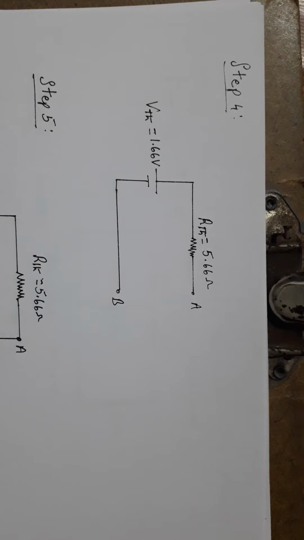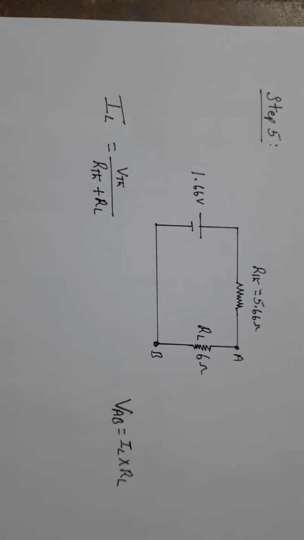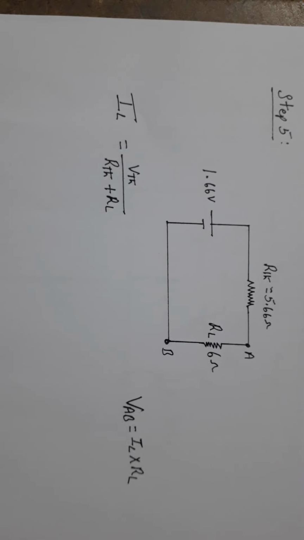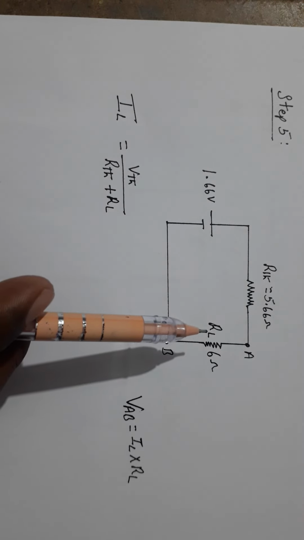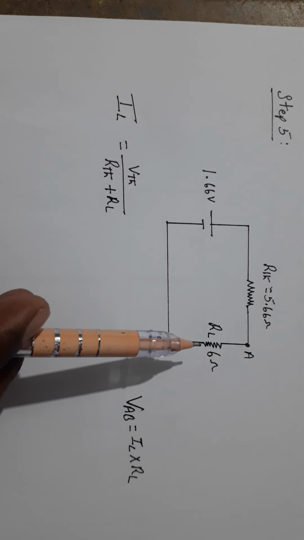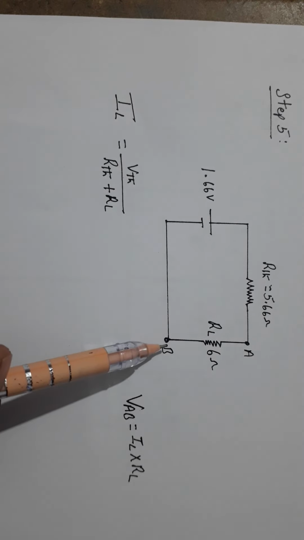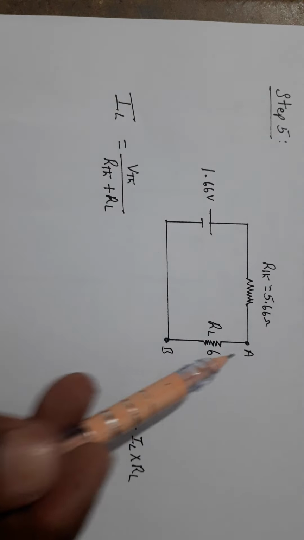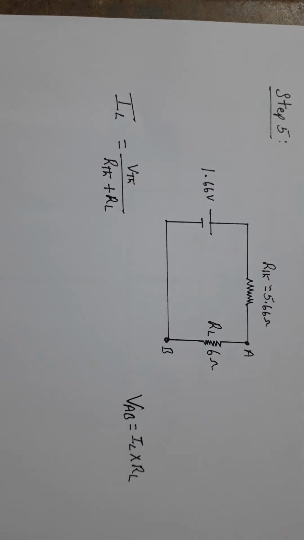Next, step 5. Finally, connect the load resistance across the terminals A and B and calculate the current or voltage across A and B, I mean the load.